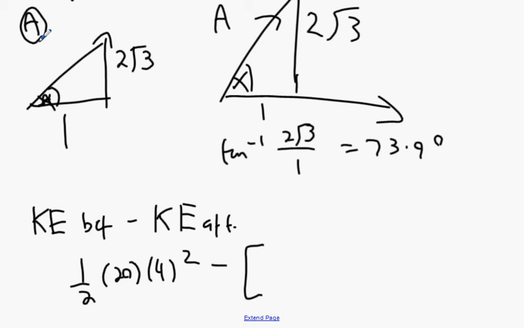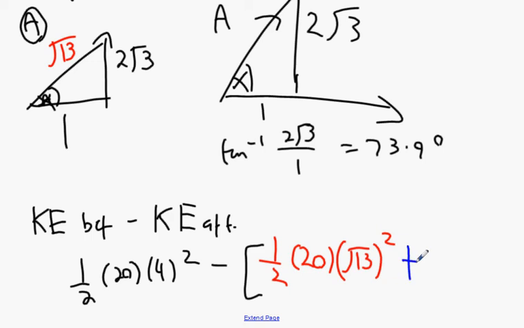Upon doing Pythagoras' theorem, you'll find out that this side is root 13. So it's actually going root 13. So your kinetic energy afterwards is a half, that's a 20 kilogram object, going at root 13 squared. You forgot that B is also moving. B is a 10 kilogram object, moving 2 meters per second directly to the right.